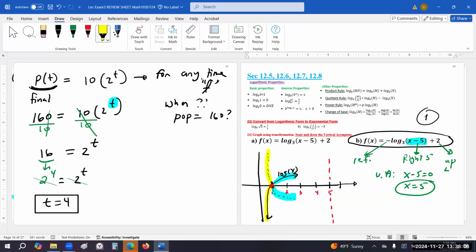This is what it means to have a reflection about the x-axis. You are just reflecting completely. Now that reflection, we are shifting 5 right and up. So 1, 2, 3, 4, 5. 5 is here. We are going 1 up, 2 up.